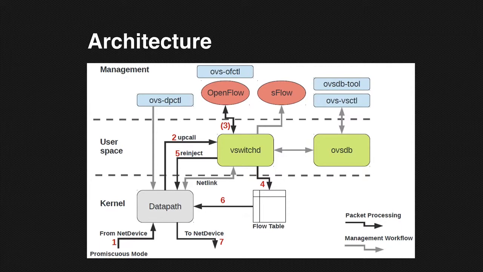This data path, on every new stream or frame that is coming to the interface, consults with the vswitchd user space application that is more or less the control plane for this switch, that contains all the network state, port state, and essentially the flow table.